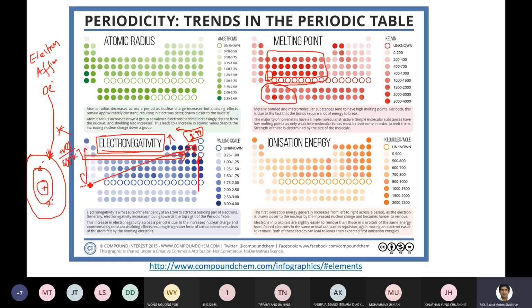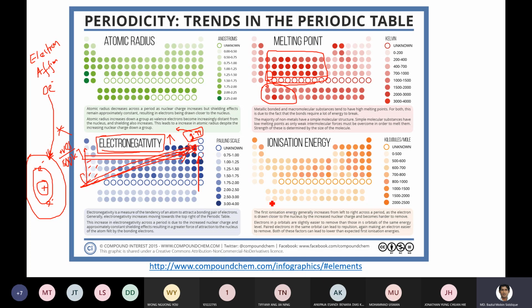These are almost the same electronegativity. So the best way to express it is, if we go from left corner to right corner, the electronegativity will increase higher.